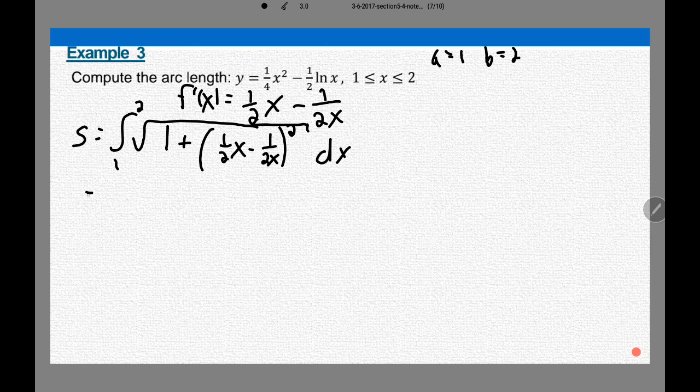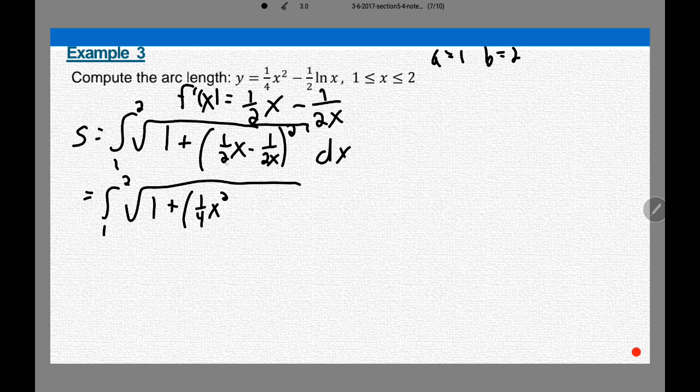Alright, it becomes a function with that 1. It makes it a nice thing that's squared, and then we can take the square root away, and it works out a lot easier than what it looks like it will work out. So I square this, I get 1 plus, so 1/2 x times 1/2 x is 1/4 x squared.